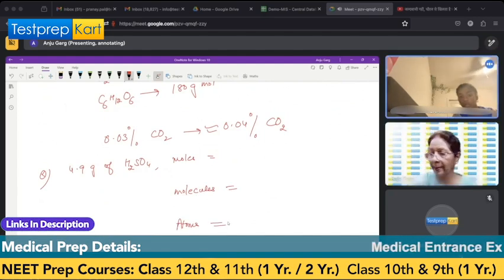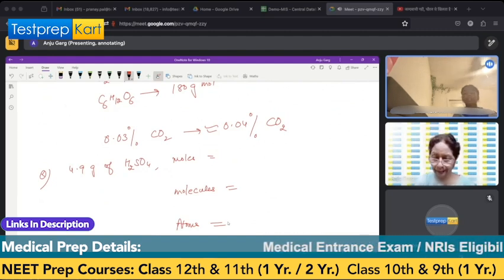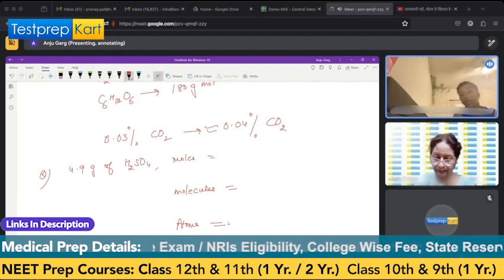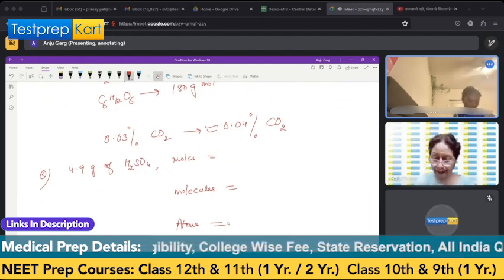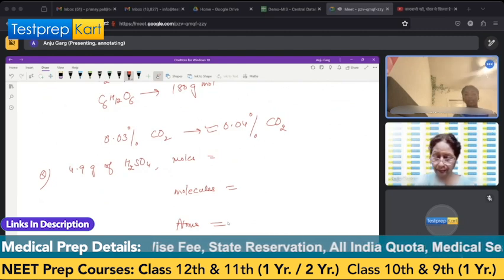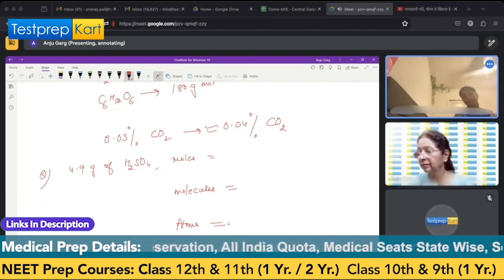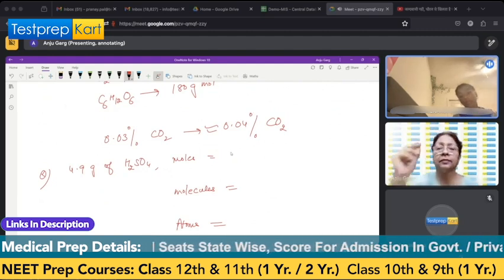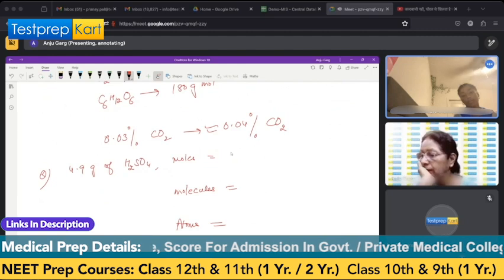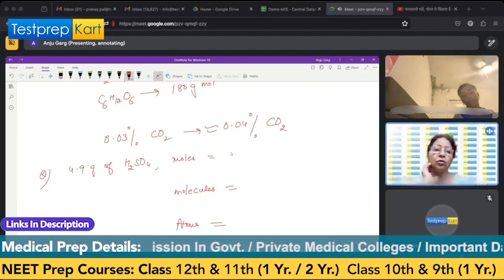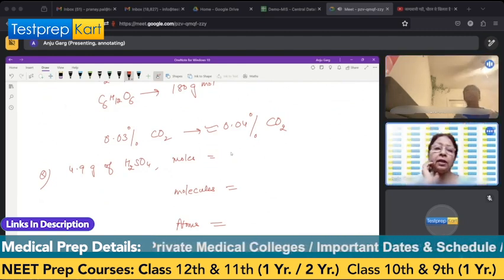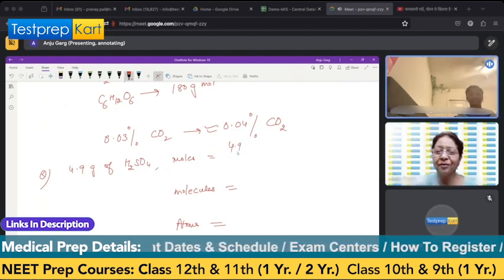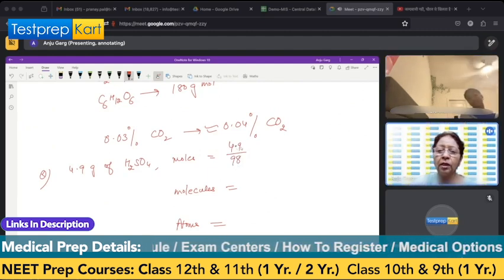So if 1 mole has 98, then it's 4.9 divided by 98. So I told you to think logically also, na? Because when 98 grams is 1 mole, then 4.9 grams cannot be equal to more than 1, na?